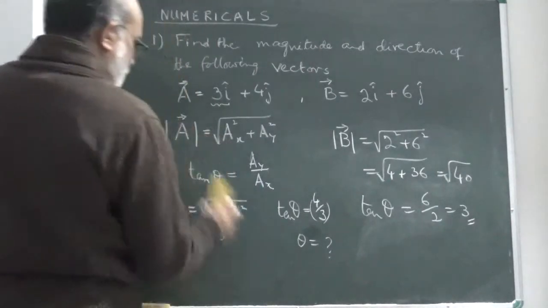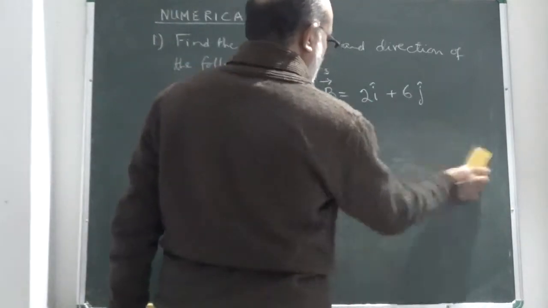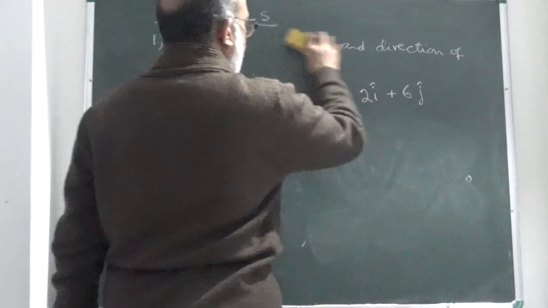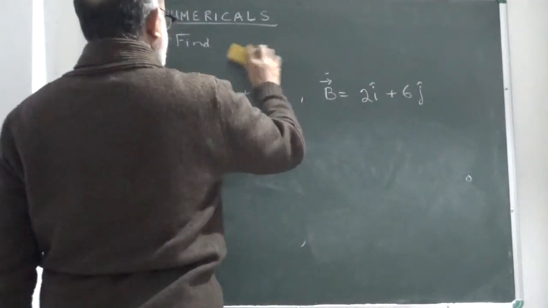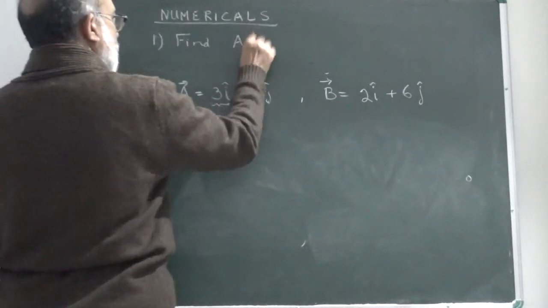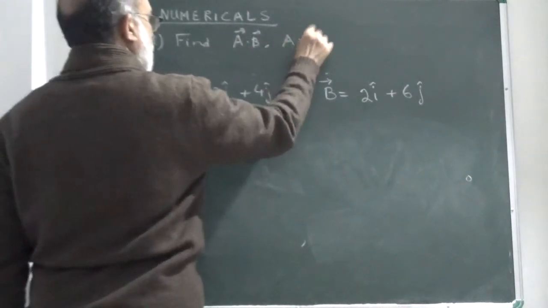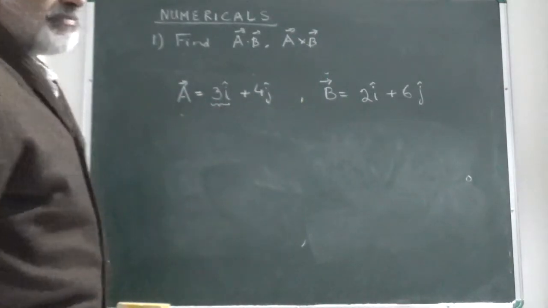Now the next problem. Find A dot B and A cross B, where A and B are the same.